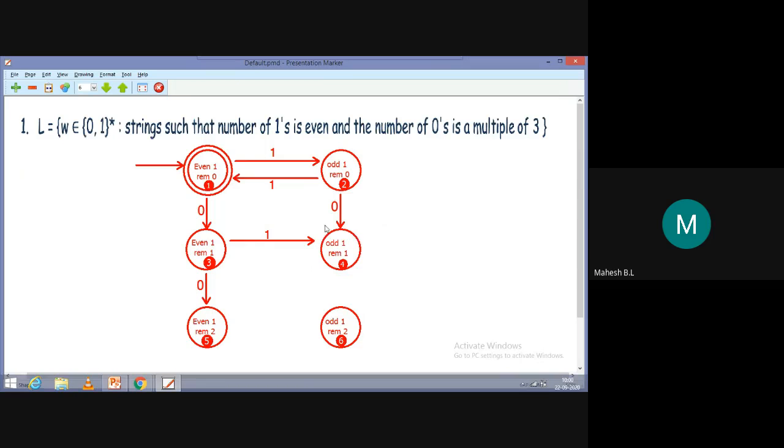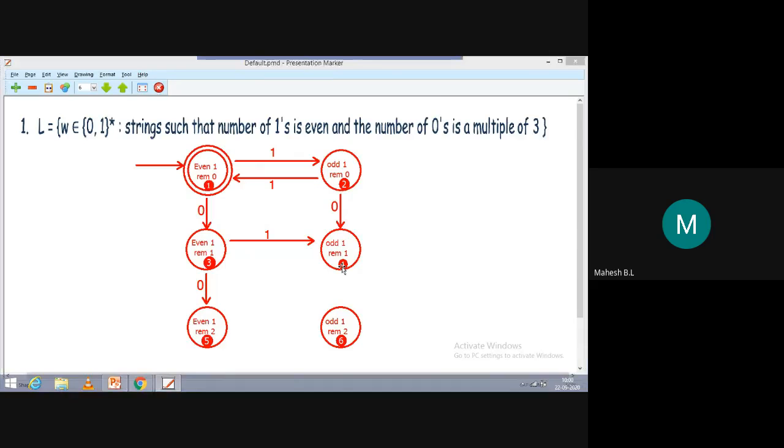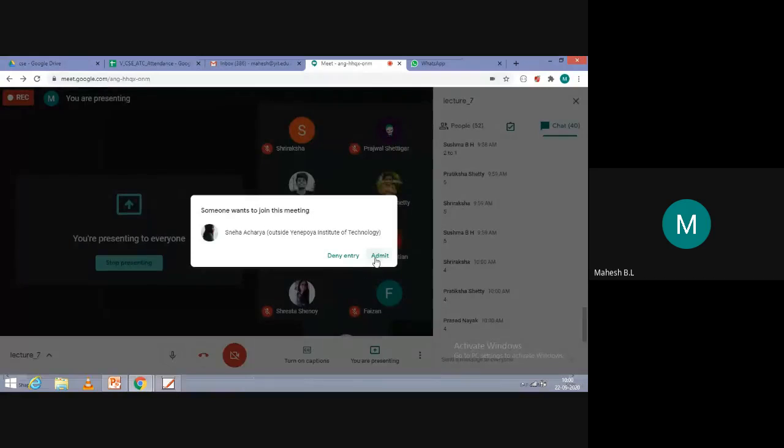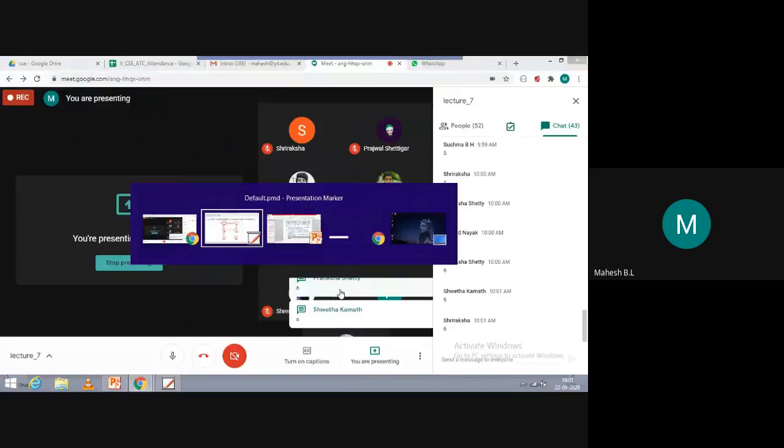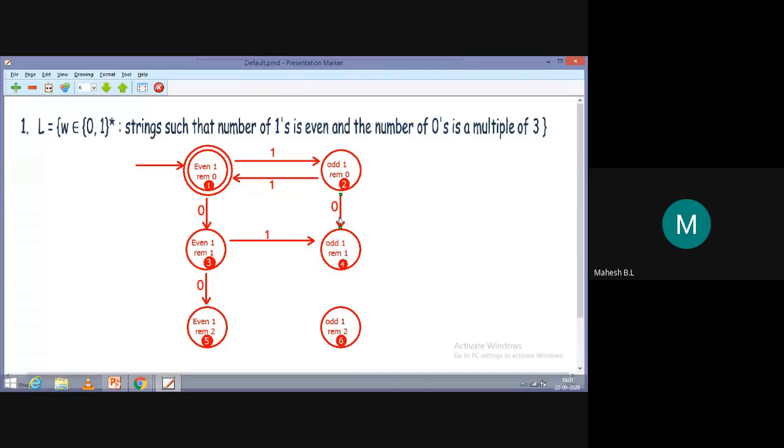Now we consider state 4. So in state 4, if the input symbol is 0, what is the transition? The transition to state 6. Yes.